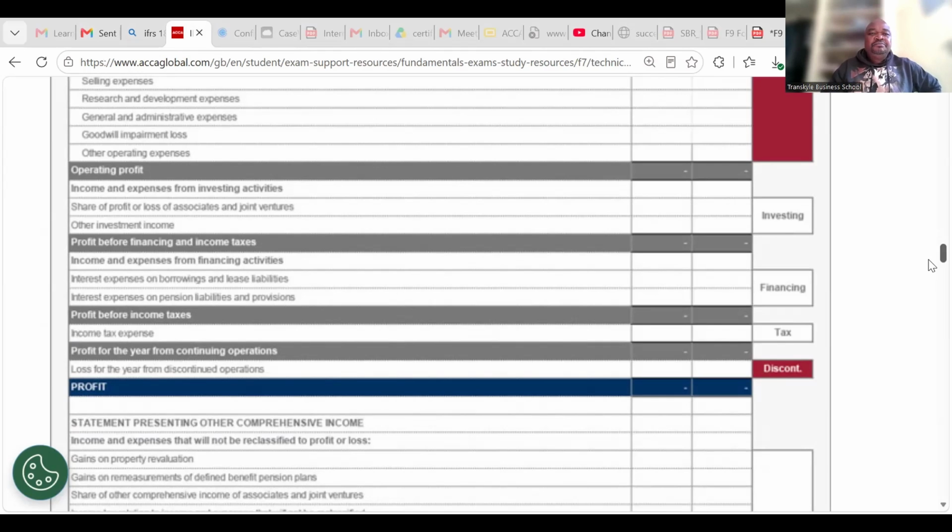I have some annotations. All right. So we are talking of lease liabilities, and they have to appear under interest expenses on borrowings and lease liabilities. I'm sure you're seeing that.